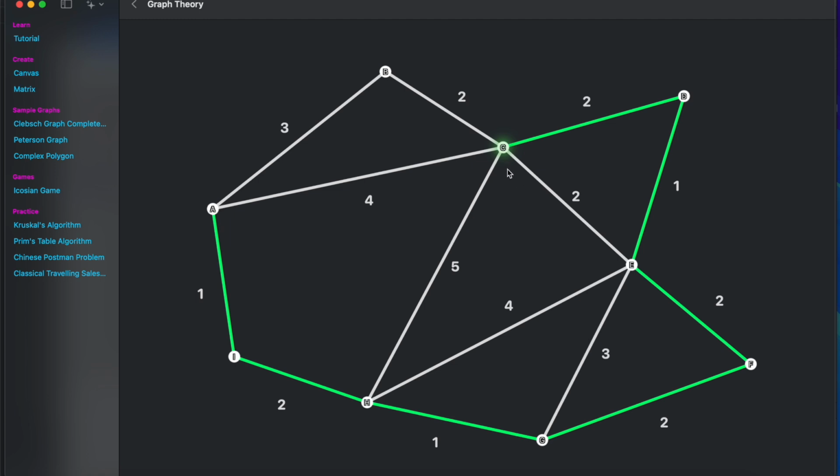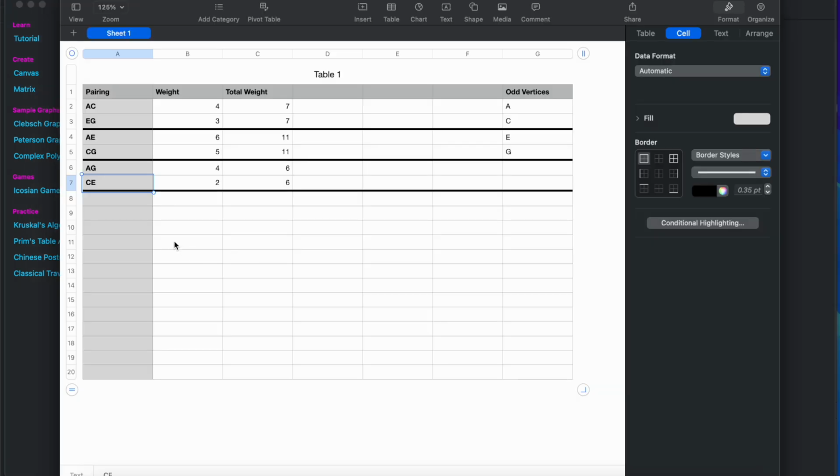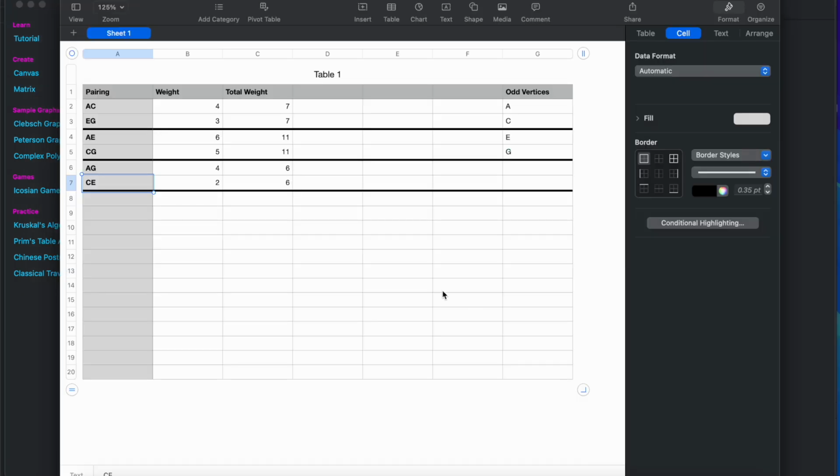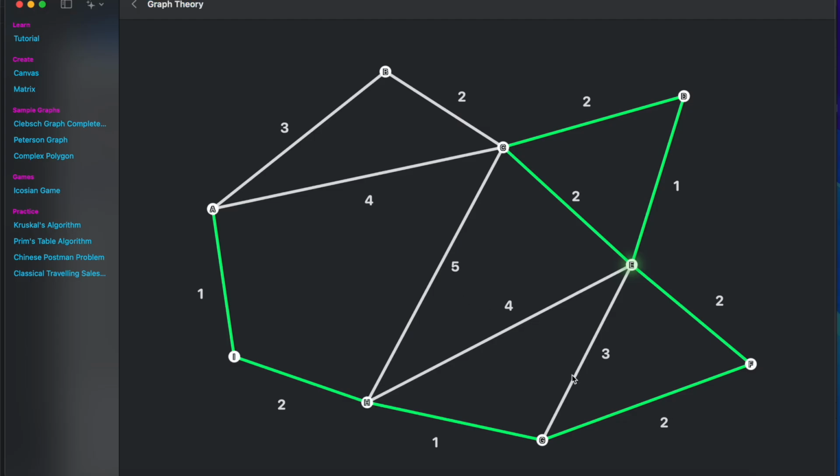And now I'm trying to think of how I can cross the shortest path between A and G and C and E twice. So here I'm at vertex C. Here is vertex E. So maybe we'll go here one time. Then I need to do A to G. So I'll go down here.